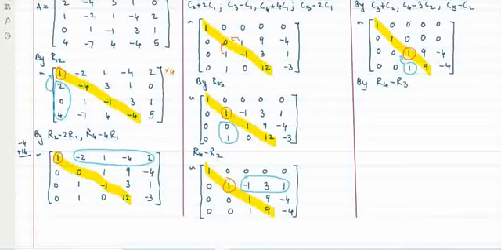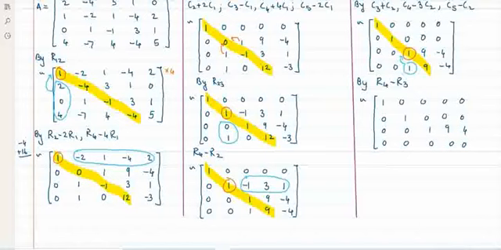Change for the fourth row only. First three rows, no change. That is 1, 0, 0, 0, 0, 0, 1, 0, 0, 0, 0, 0, 1, 9, 4. Now you can observe both rows are identically the same, so you will get that row as identically 0.